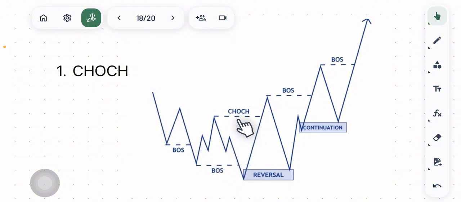Then at this point, price now pushed up and made a higher high instead of a lower high as it has been doing. So at this point where it broke this previous high, we call it a change of character, right? So when I see this, I will instantly know that price is about to reverse, right?